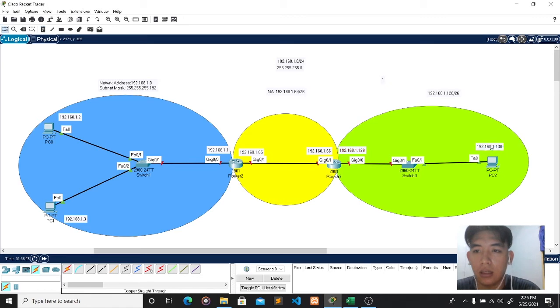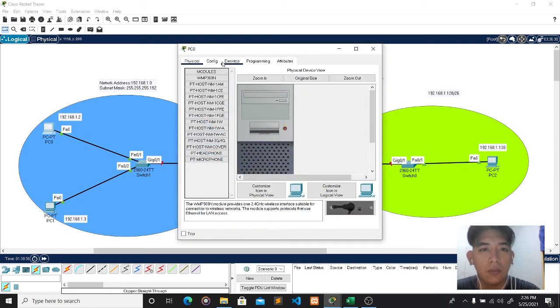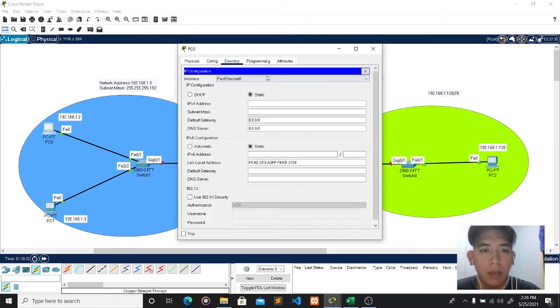So, i-configure na natin, lalagyan na natin sila ng mga IP address. So, PC0, desktop IP configuration: 192.168.1.2, and subnet mask is 255.255.255.192.